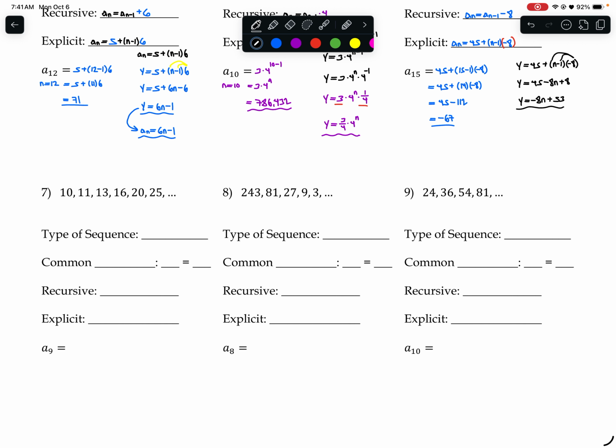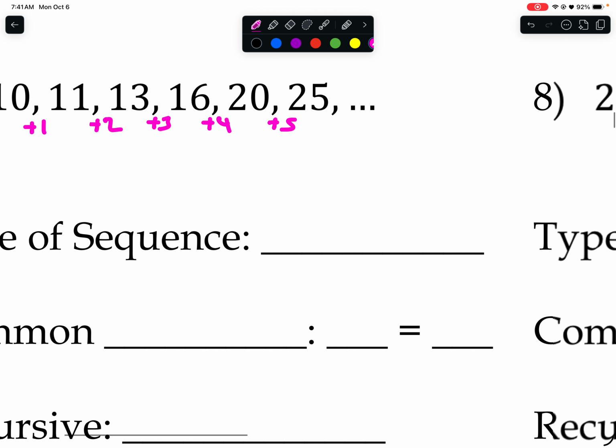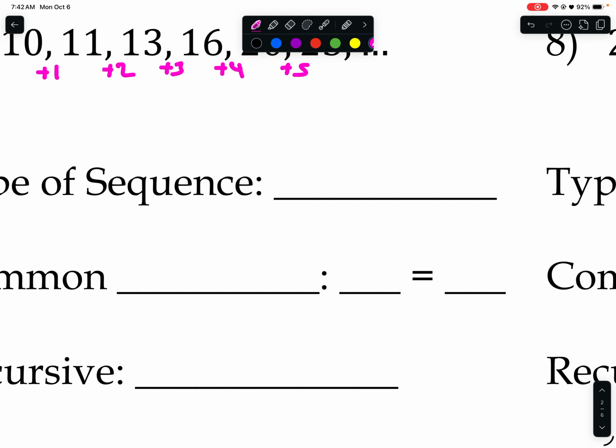All right, so down on number 7 here. We're going from 10 to 11 to 13 to 16 to 20 to 25. If I look at my change here, I'm doing plus 1, plus 2, plus 3, plus 4, plus 5. Now, while we have a change that is consistent-ish, it's not a constant change and it's not a constant proportional change. So even though we see a pattern, it's not going to be one of the sequences that we see.